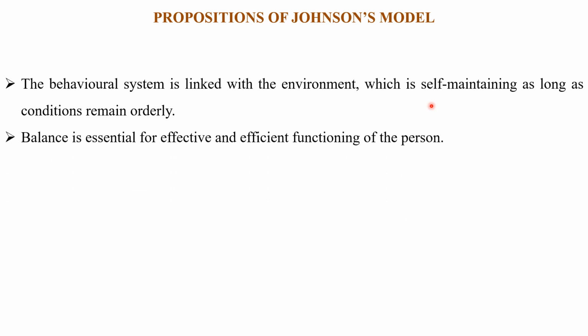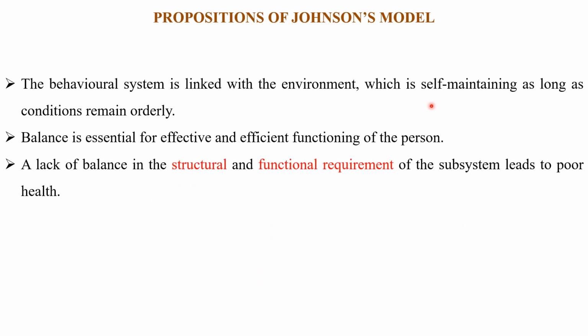Second one, the balance is essential for effective and efficient functioning of the person. So a person's system should be in balance with the environment. Then only will the person be functioning effectively and efficiently. The lack of balance in the structural and functional requirements of the subsystem leads to poor health.